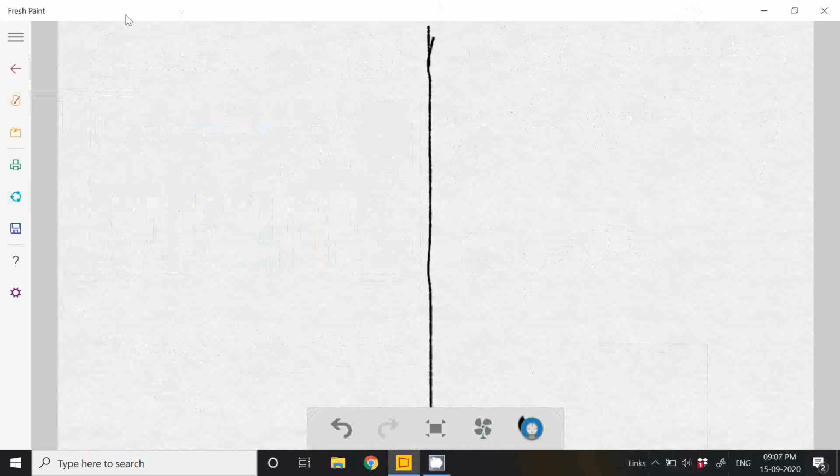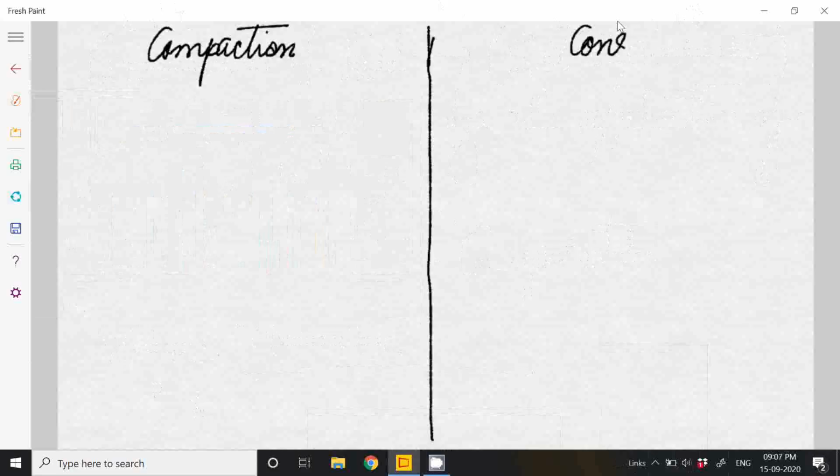On the left side I will write compaction, and on the right side consolidation.